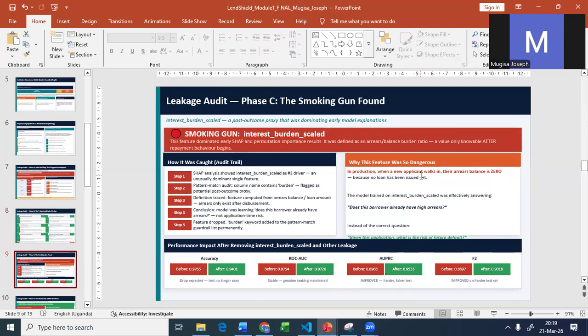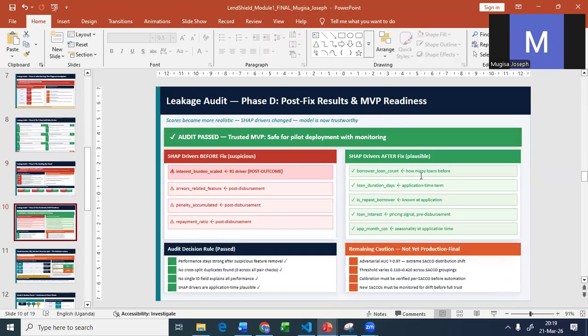That is post disbursement. We can only know the balance after you have gotten the loan. So we removed that, and of course the performance came to more realistic values. So those are the audits we did, and I'll progress to the next slide.